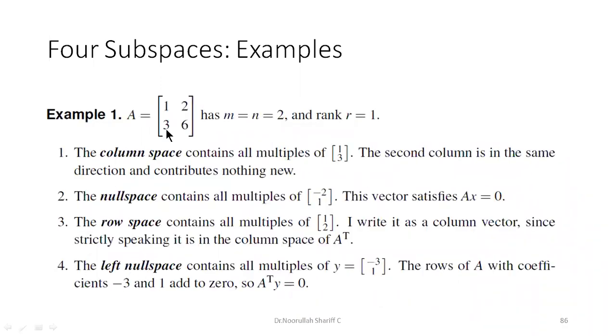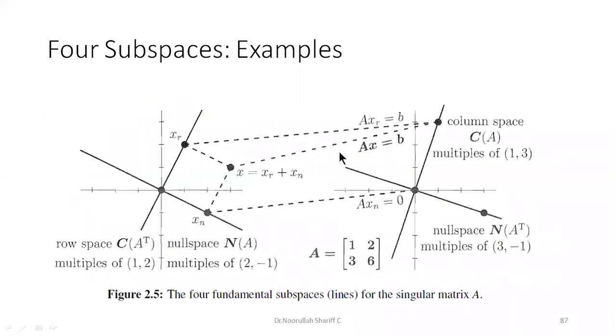Now what did we get? Column space is multiples of 1 and 3. So we are plotting this over here. First let us plot 1 and 3.